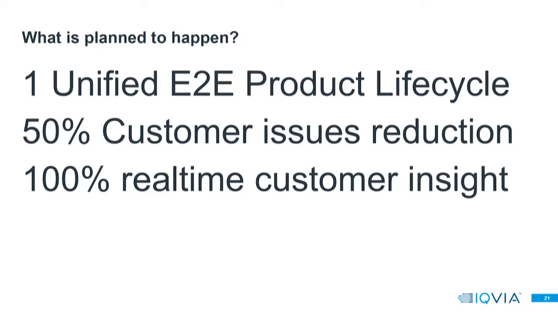With the analytics and the capability to monitor and understand how real users are using our products, I think we are moving from the reactive to the proactive way of work, meaning that we can anticipate issues in production before customers complain to our support team. So I'm expecting a big reduction of customer issues here. And what we do not have today, we estimate based on feeling, is real customer insight. And this helps to drive the quality to the next level.